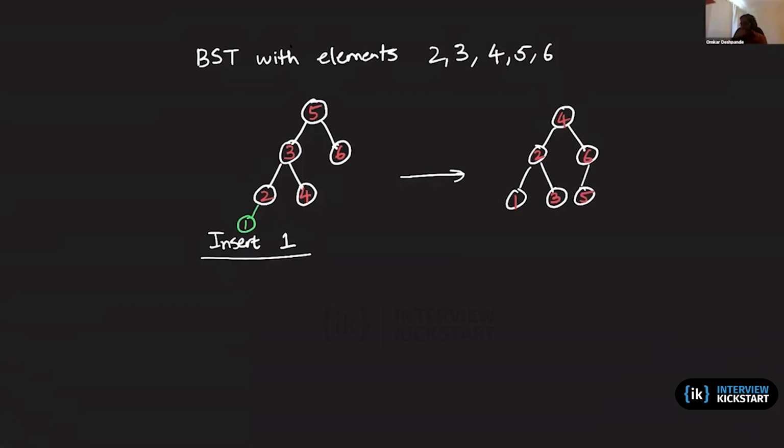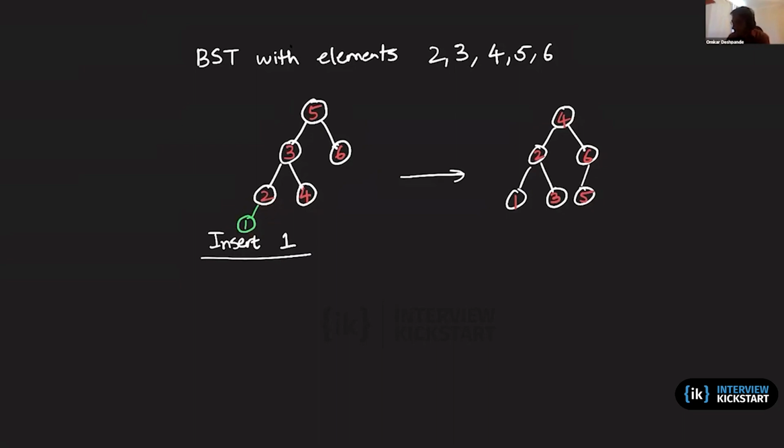So what would it take to go from this structure on the left to this structure on the right? Notice that all the pointers have to be changed. So 2 has 1, 2 dot left is 1. In this case also, I guess 2 dot left is still 1, but it's still a modification that we are doing at the time of insertion. 2 dot right is null here.